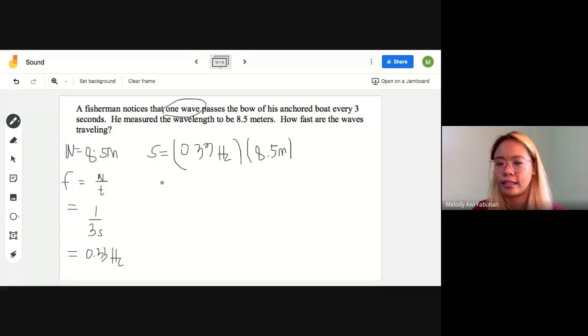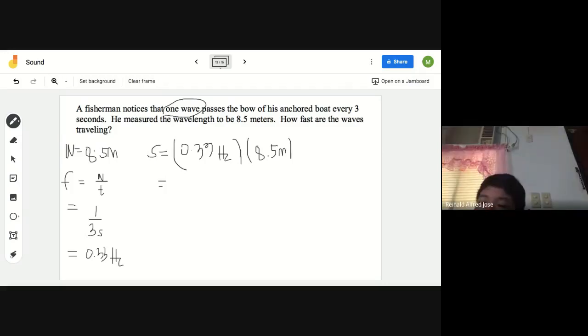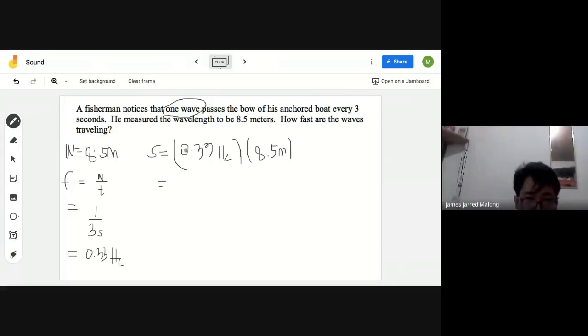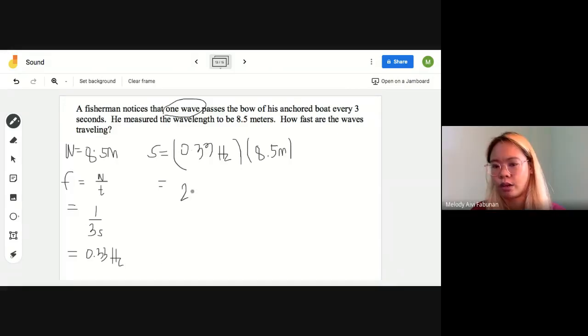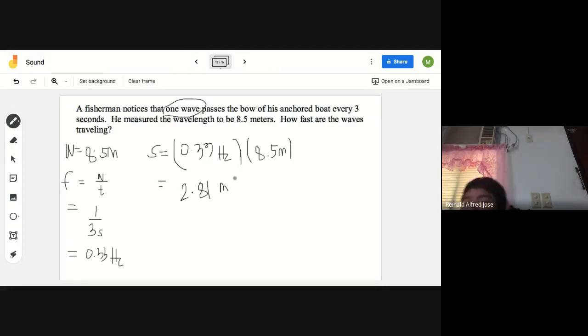Anybody from the class? 0.33 multiplied by 8.5 meters. 2.8 or 2.805. 2.81. And what is the unit for speed? Meters per second.